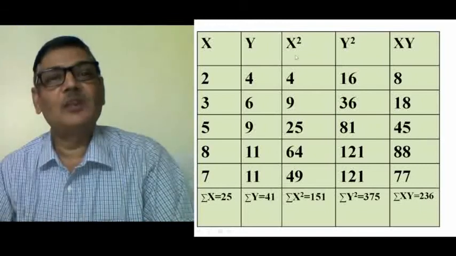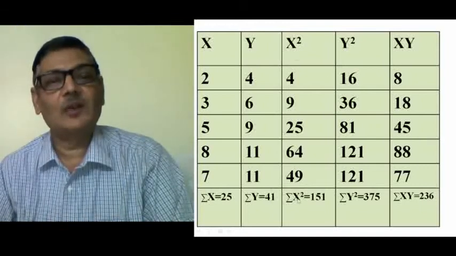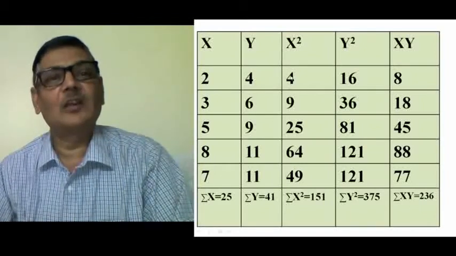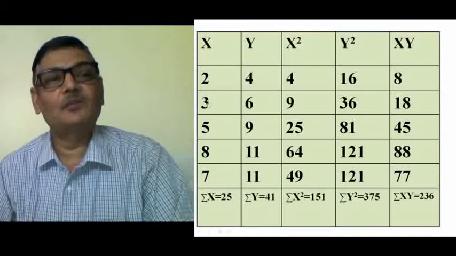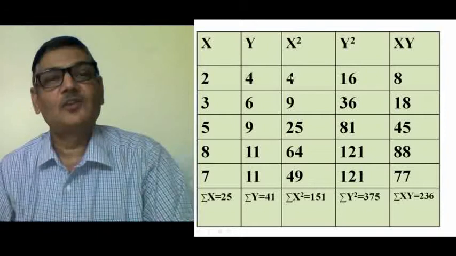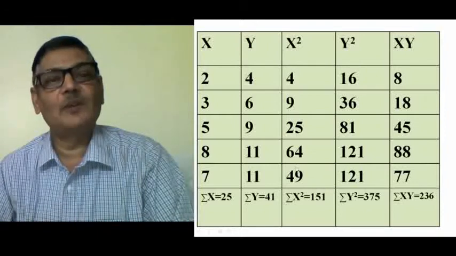We also need sum of x square, sum of y square and sum of xy. So in the third column, we are getting x square, that is each value of x will be squared. So 2 2s are 4, 3 3s are 9, 5 5s are 25, 8 8s are 64, 7 7s are 49. So we have squared all these values of x and its sum has come 151.